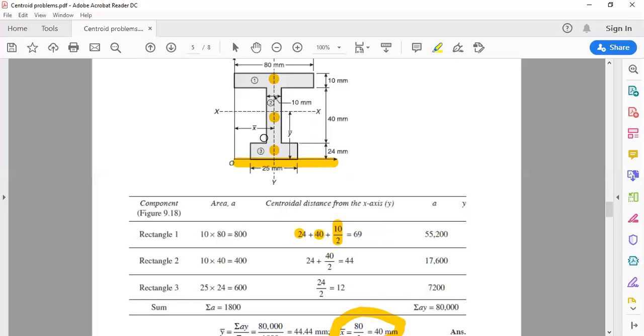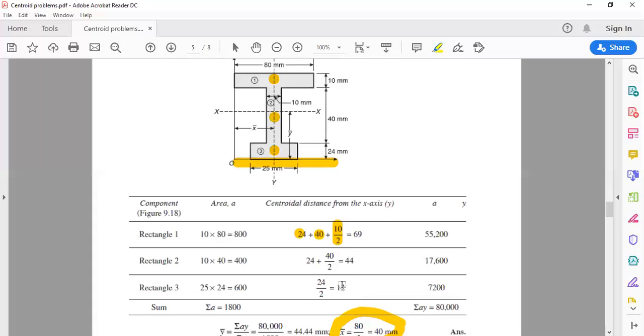Y bar of the third rectangle is the distance between the centroid of the third rectangle and the reference x-axis, which is 24 divided by 2, which is 12.